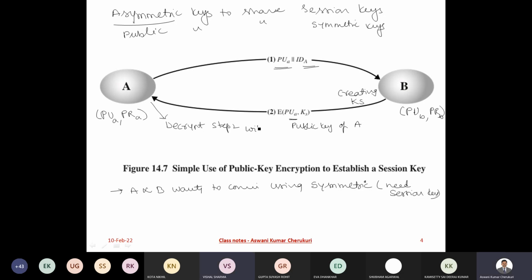To decrypt step 2, all it needs is its own decryption key, that is the private key, PRA. How will A decrypt step 2?